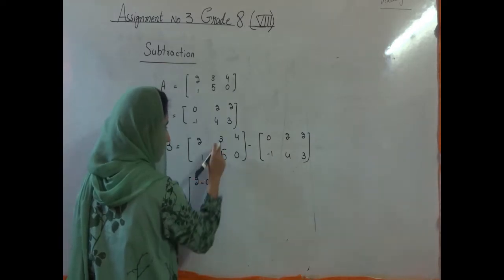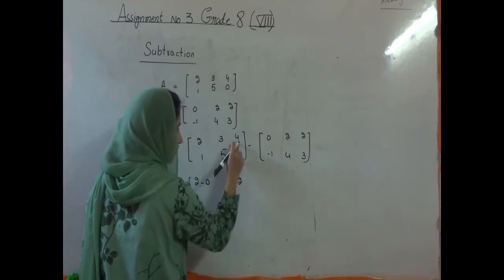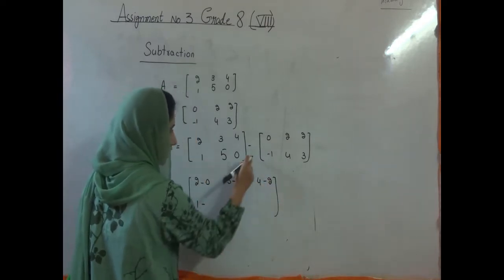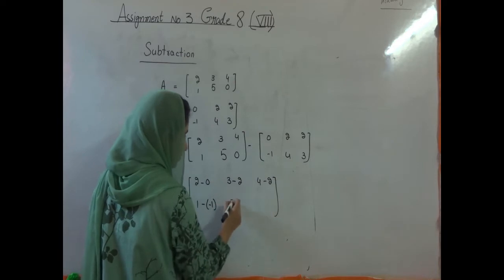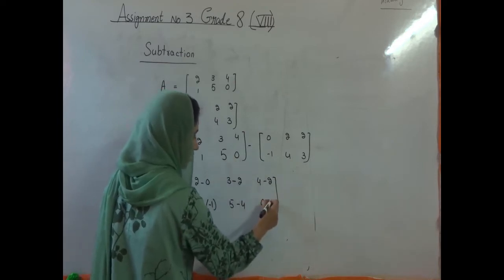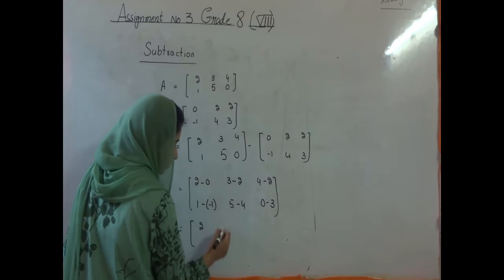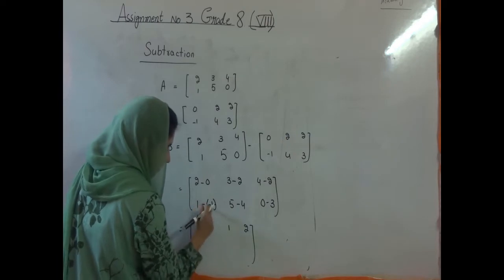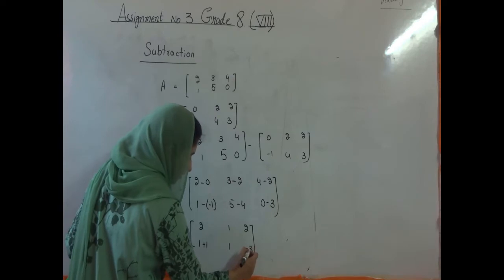2 minus 0, and then the second element will be subtracted from the second one. 3 minus 2, 4 minus 2, 1 minus, and then minus 1 written in brackets, 5 minus 4, then 0 minus 3. 2 minus 0, the answer is 2. 3 minus 2 is 1. 4 minus 2 is 2. 1 minus minus 1, open the bracket, the sign will change, so 1 plus 1 is 2. 5 minus 4 is 1. 0 minus 3 is minus 3.